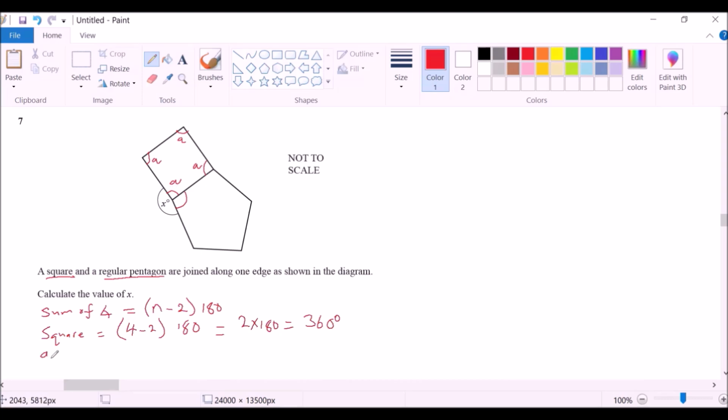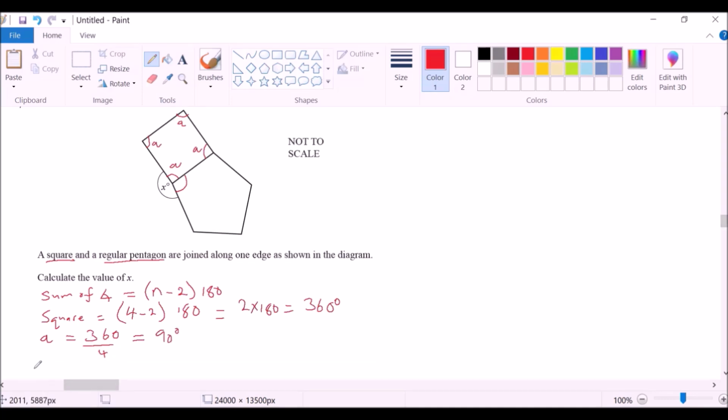Now each angle A in a square is equal to 360 divided by 4. Since a square is regular, the size of the angles is the same. So each angle is 90 degrees.